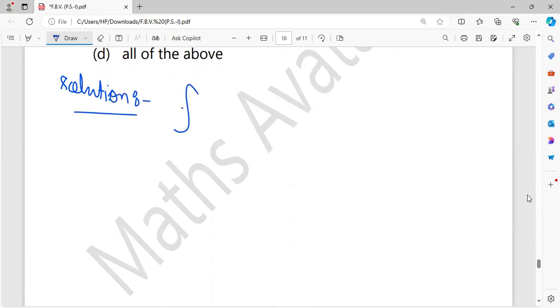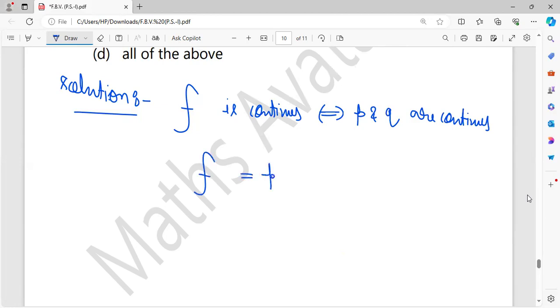So we know f is continuous. A function of bounded variation is continuous if and only if p and q are continuous. And we know that f is nothing but the difference p minus q.